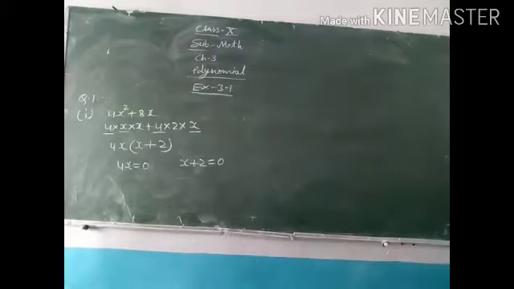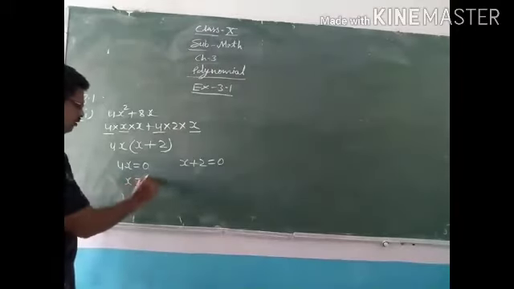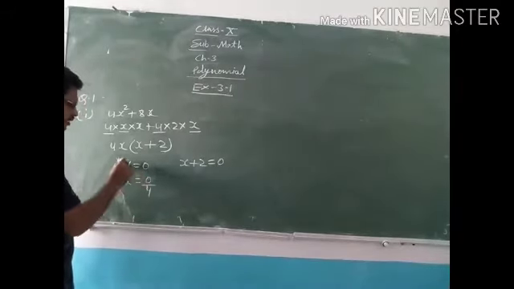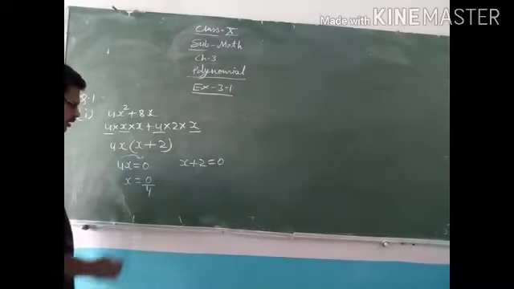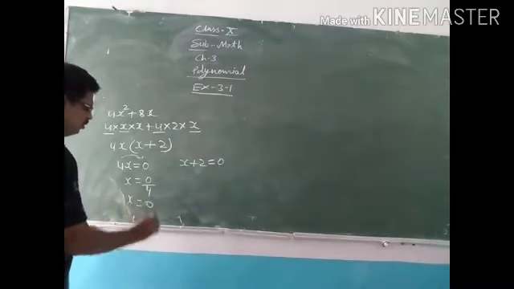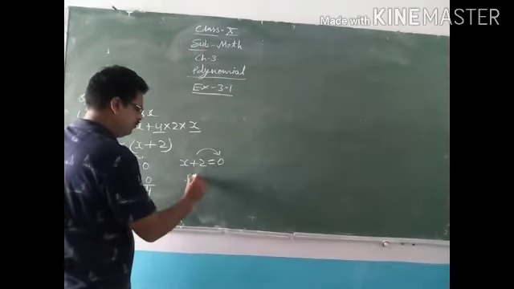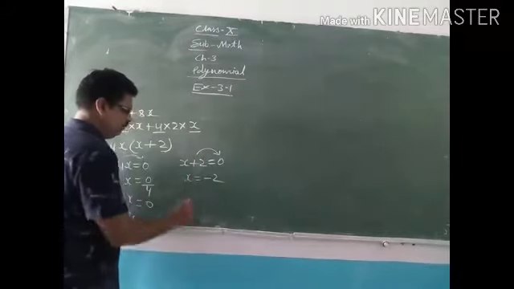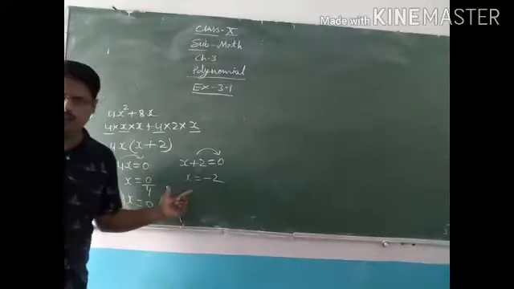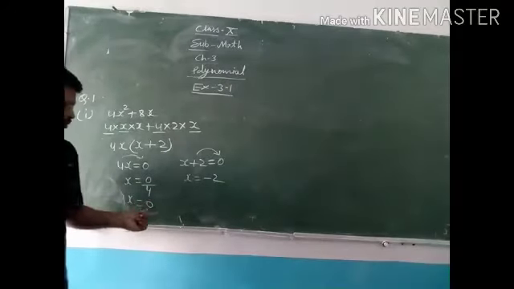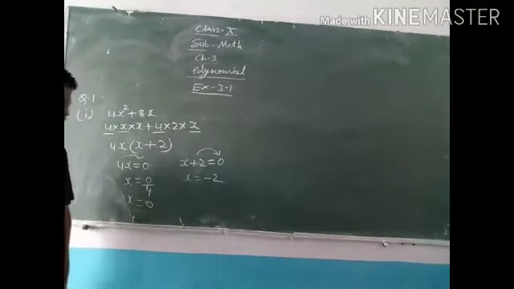Okay, so now x would be equal to 0 upon 4, as 4 is multiplied, by transposing. So x is equal to 0, and plus 2 will go to the right hand side by transposing, so it will convert into minus. So two zeros we have found. One is x equals 0 and the other is x equals minus 2.